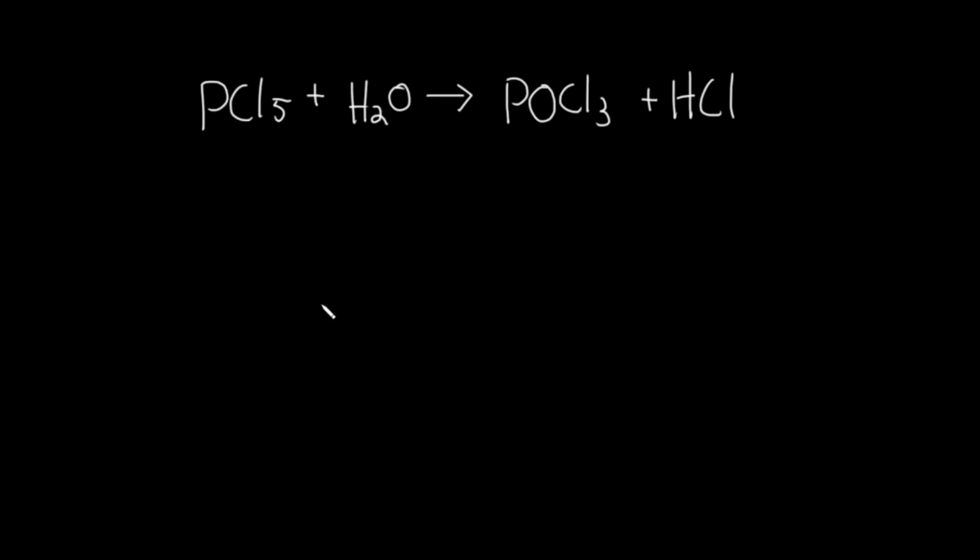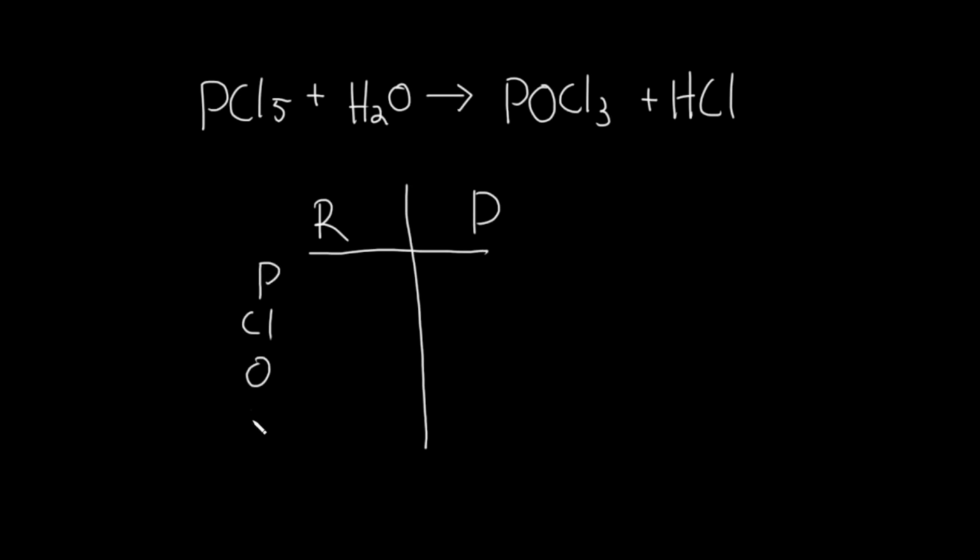Let's do a couple of exercises. The first exercise is to balance this reaction. So let's do what we usually do by drawing a table where we separate the reactants and the products. And then we just write out different types of atoms. Let's count.